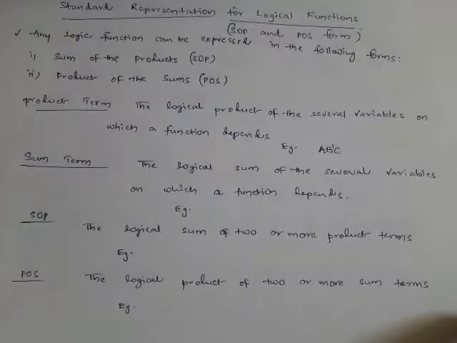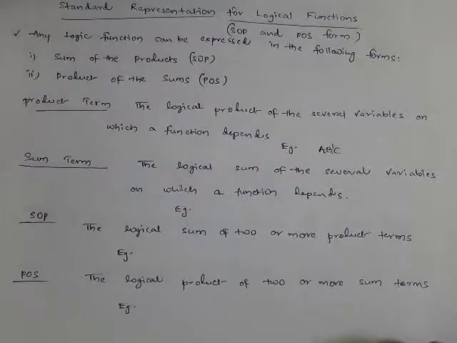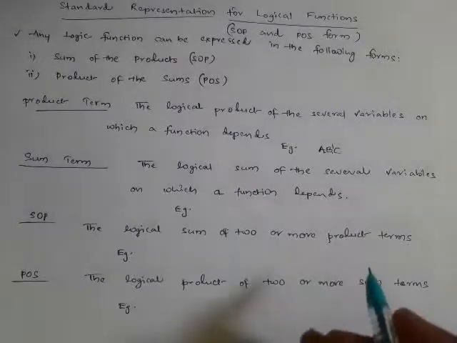That means an OR operation is performed between any number of the variables on which a function depends. And here also the variable can be present either in its true form or in its complemented form.